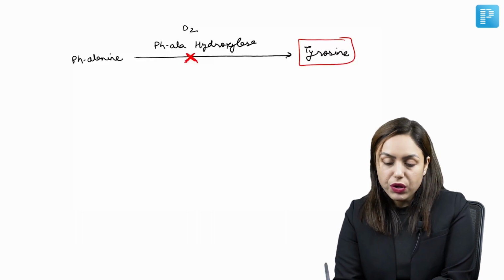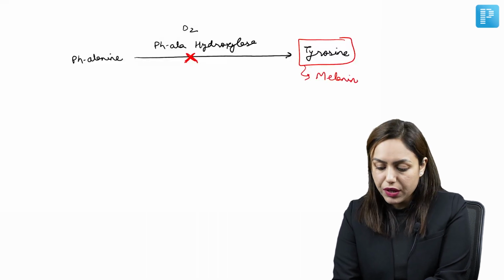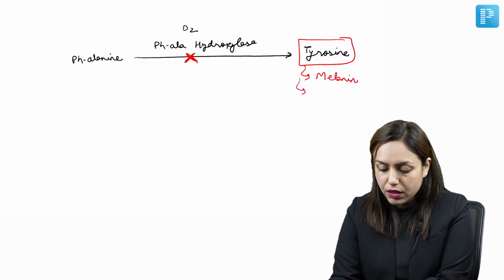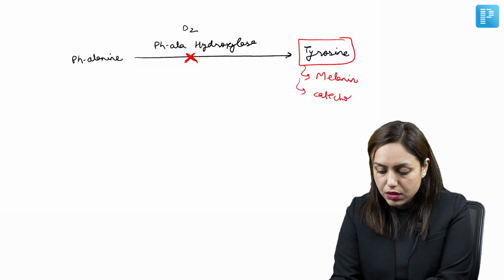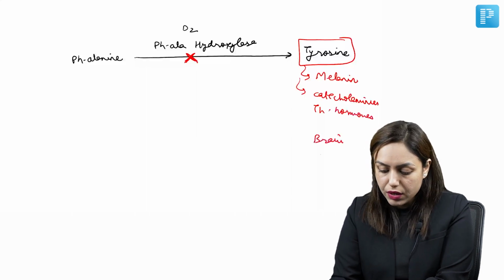And because of deficiency of tyrosine, pigment melanin will not be formed because tyrosine forms melanin. So many neurotransmitters like catecholamines, thyroid hormones, which are formed from tyrosine, they are not formed. That's why the brain is affected in these patients.